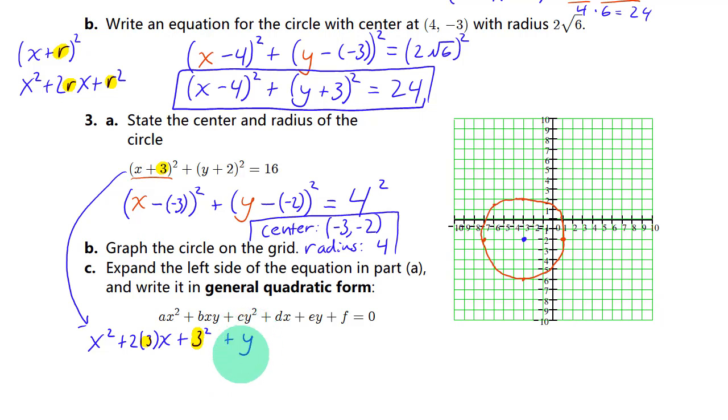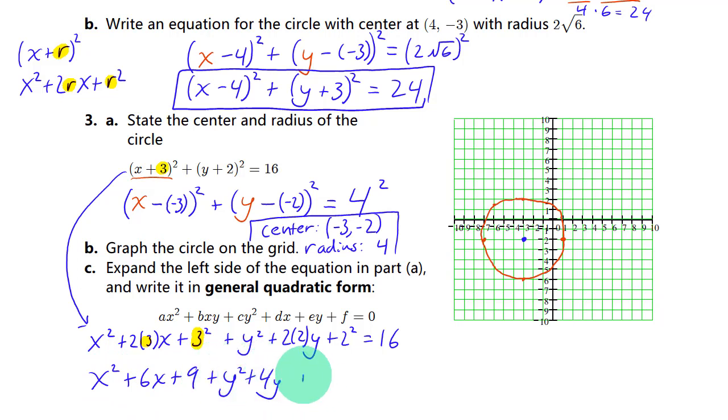So this is going to become y squared plus 2 times 2 times y plus 2 squared. And that should be equal to 16. I'm just going to simplify this a bit. We're going to get x squared plus 6x plus 9 plus y squared plus 4y plus 4 equals 16.